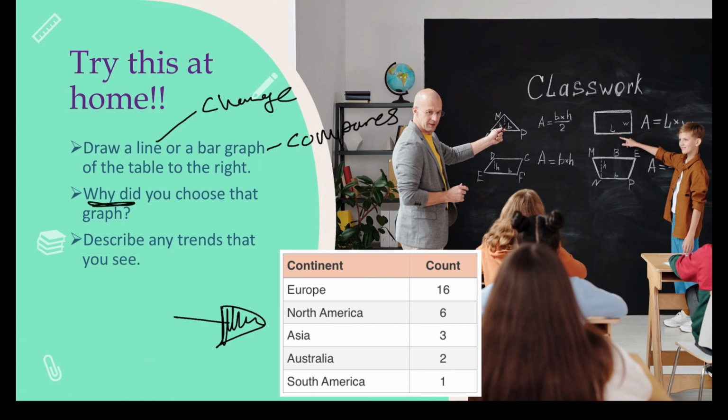All right, then why did you choose that? And then any trends would be like which is highest, and kind of just stuff like that. Any patterns, anything you observe from it.